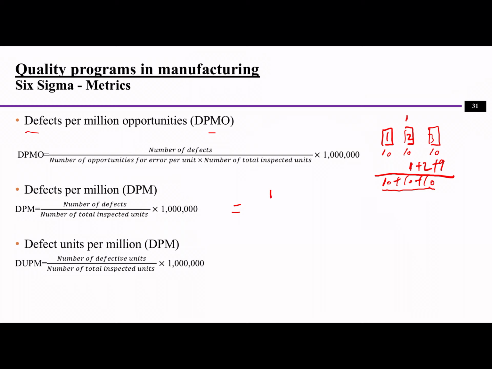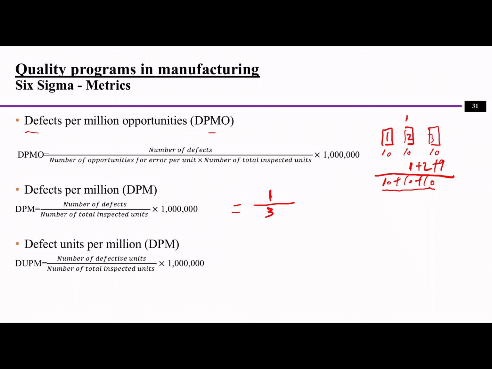Phone 2 has only 1 defect, and all the other phones are good. Divided by what? This is the number of defects. Only 1 defect of all the 3 phones. How many number of total inspected units? 3 units, right? That's a unit. It's not the features, right? Not how many opportunities. It's a unit. We only have 3 units. So this is how you calculate the defects per million, right?